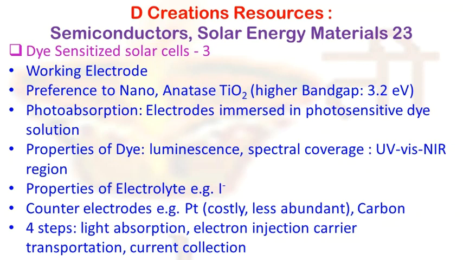There are limitations pertaining to stability, so limitation towards extrinsic stability and intrinsic stability. Also, a huge amount of loss in energy of the oxidized dye takes place during the process of regeneration due to the energy mismatch between the oxidized dye and the electrolyte. Now, of course, a lot of research is being carried out in order to reduce these limitations.